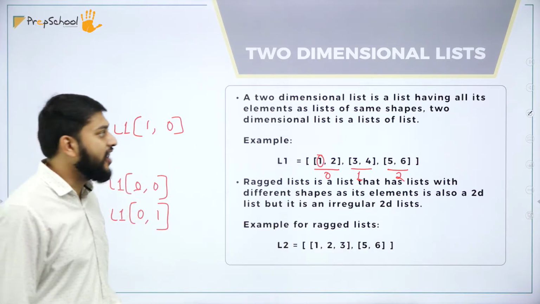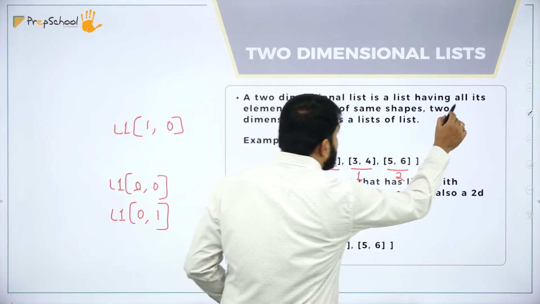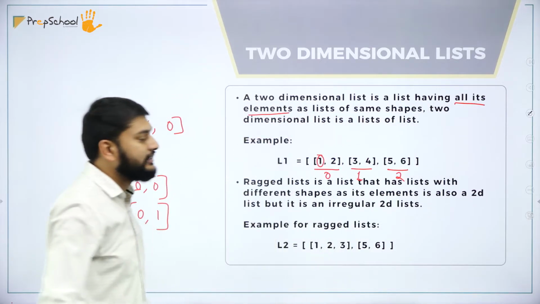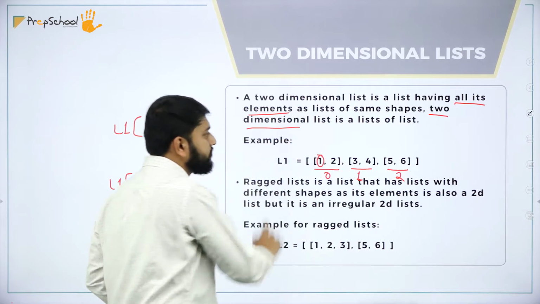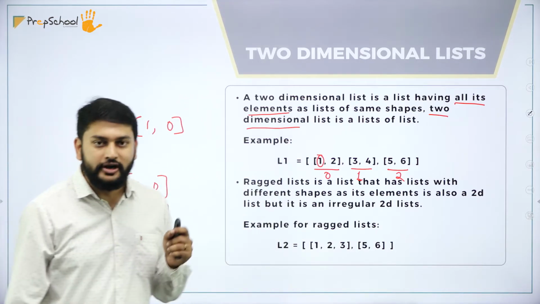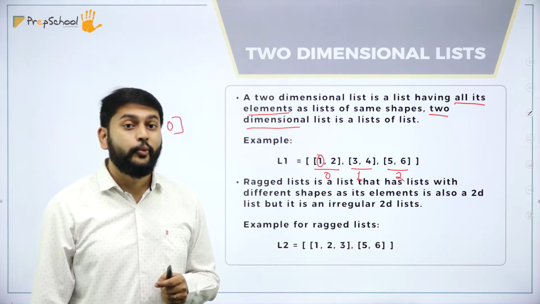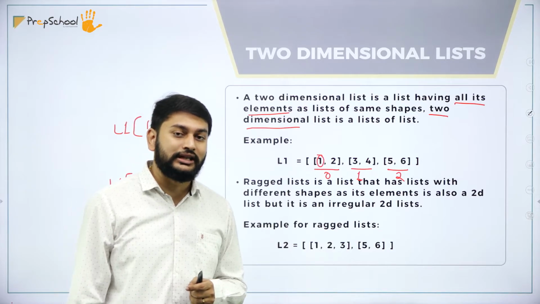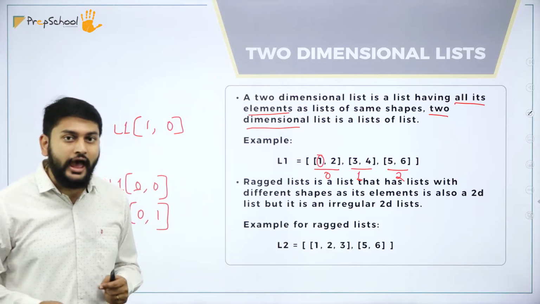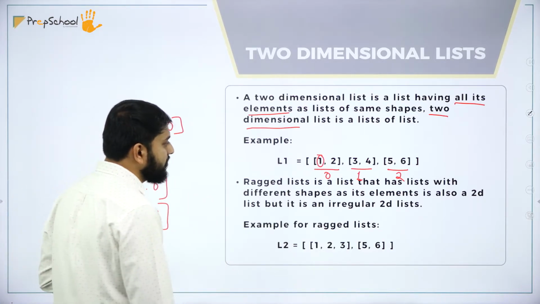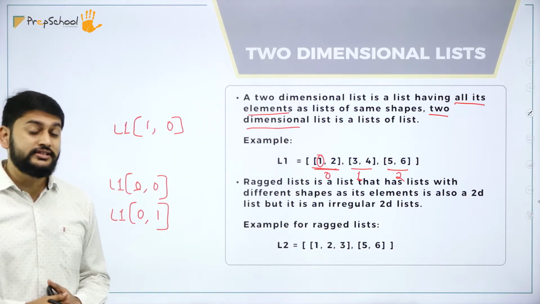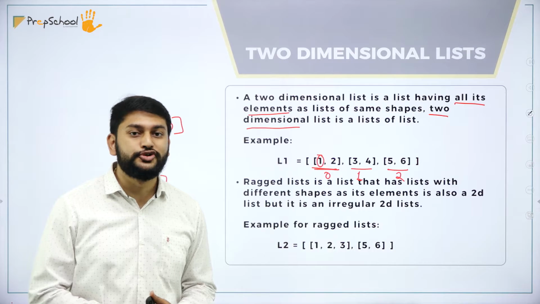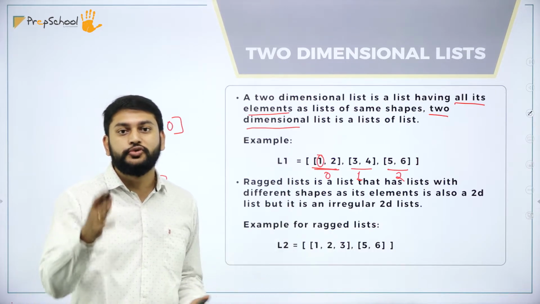A two-dimensional list has all its elements as lists of the same shape, 2 dimensions. That is the first important point that you should remember. When it comes to the two-dimensional list, it should have the same number of elements inside each list.